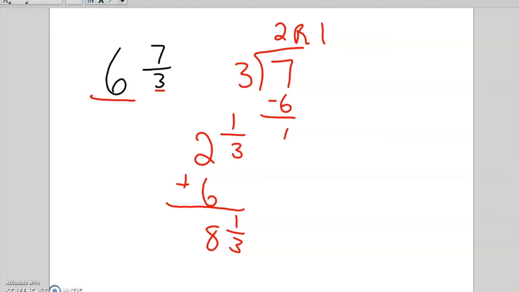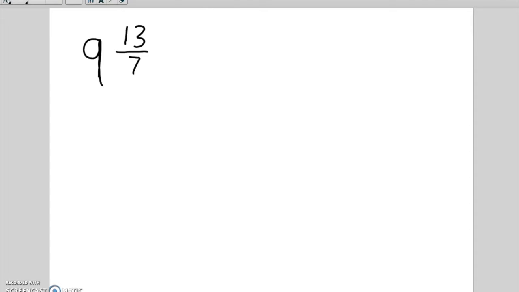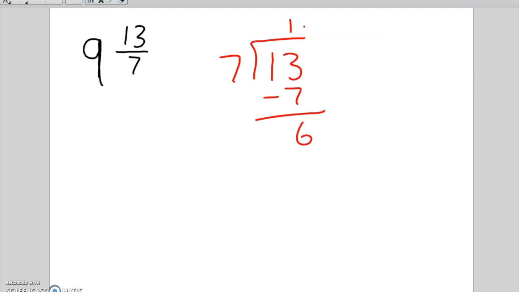Right? Okay. Let's have you try the next one. Do this one. Change this into a mixed number, please. No improper fractions allowed. Go ahead. 13 divided by 7. That's 1. Subtract, 6. 1 remainder 6.